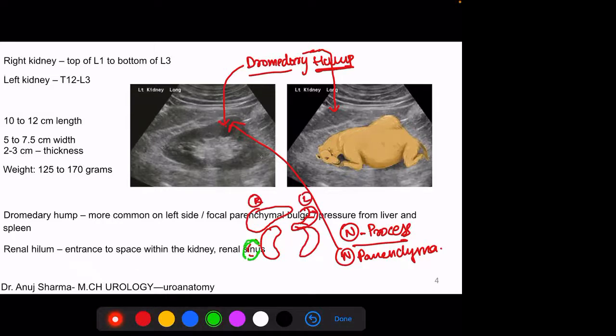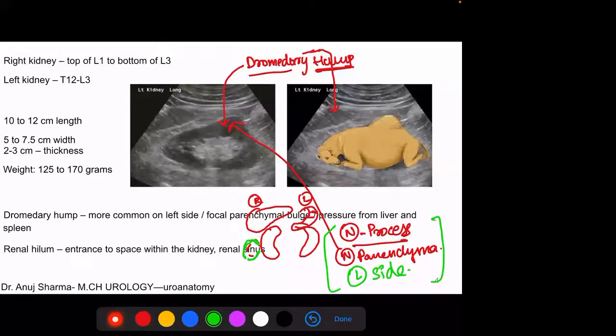It is present in around 1 to 3% of patients, but there is no need to remember the percentage. Just remember that it is a normal process and it is due to parenchymal bulging, caused by pressure from the liver or the spleen, and it is common on the left side. So remember these three important points about the dromedary hump and write them down.